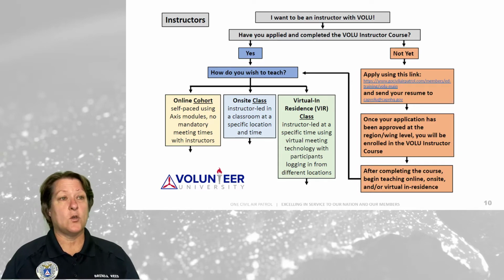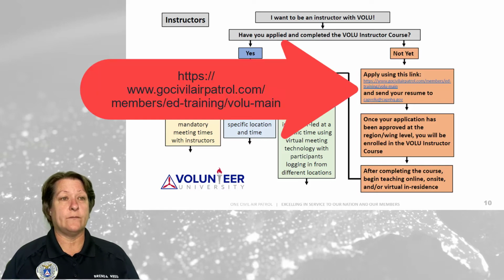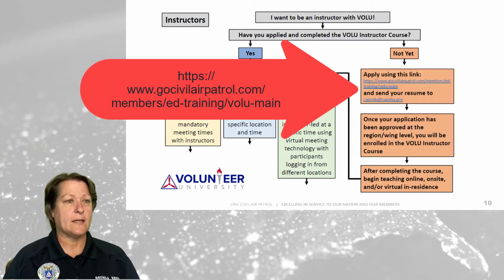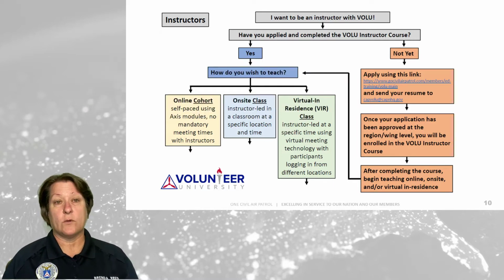So if you have not applied, then you're going to go to this link. Now it's on the Volunteer University website. You click the link, and then you're also not only going to fill out that application, you're going to send your resume to the email, and that is all part of that process. And we send those out to the region and wing level.